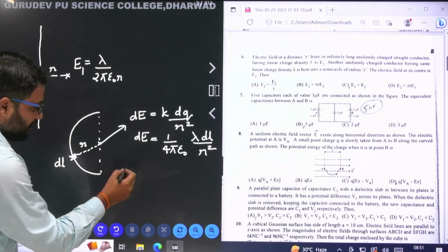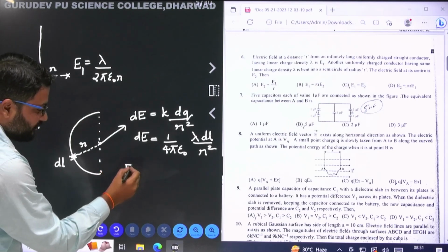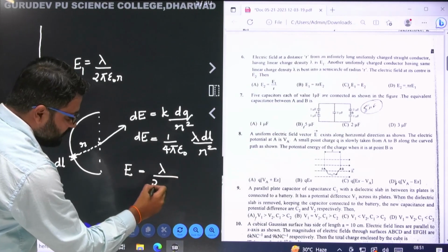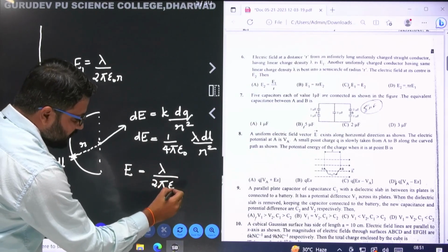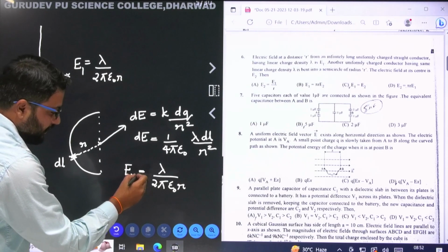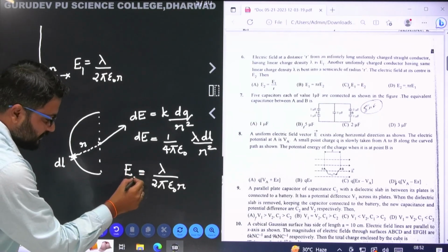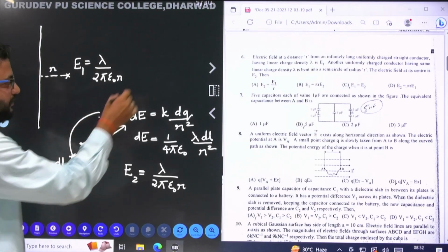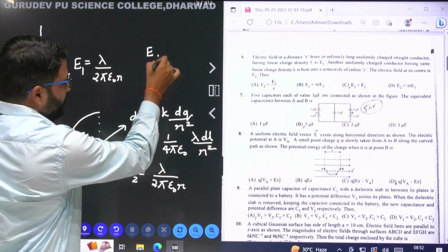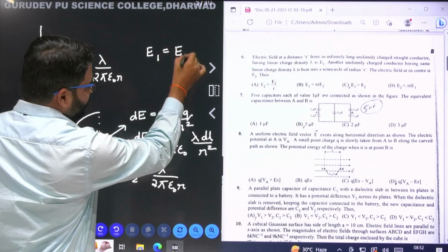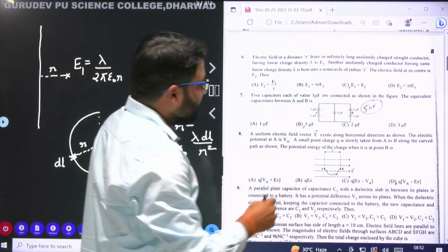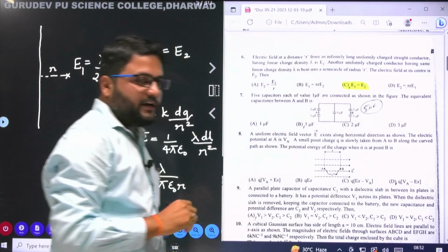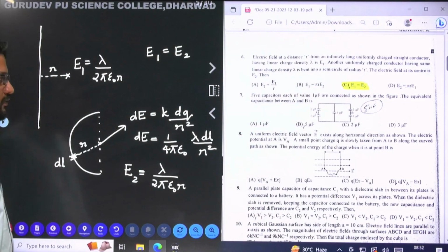Finally, when you solve the integration, you get E equal to lambda divided by 2 pi epsilon naught r, which is E2. So by seeing it, E1 should be equal to E2. So the right answer for our question is E1 equal to E2. The sixth one we have solved.